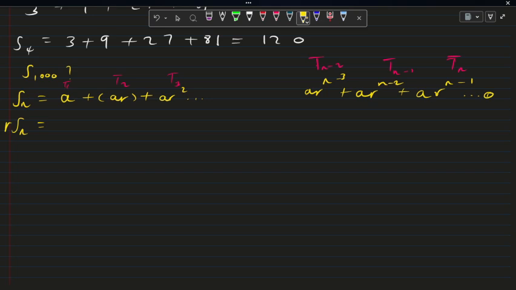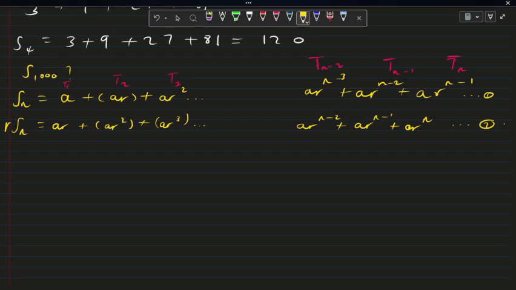That will give me ar plus ar squared plus ar cubed, and then ar to the power n, ar to the power of n minus 1, and ar to the power of n minus 2. So this is equation 2.